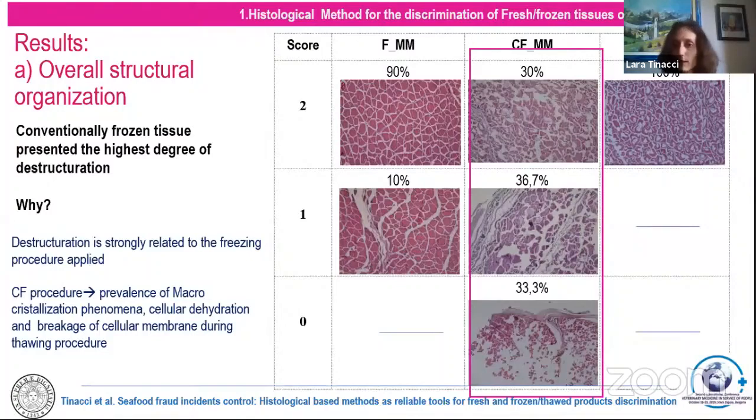So why do we pose this question? Possibly since the destructuration is strongly related to the freezing procedure applied, the conventional freezing led to a prevalence of macrocrystallization phenomenon and a cellular dehydration and breakage of the cellular membrane during the thawing procedure, causing this pattern that you can see in the slide.